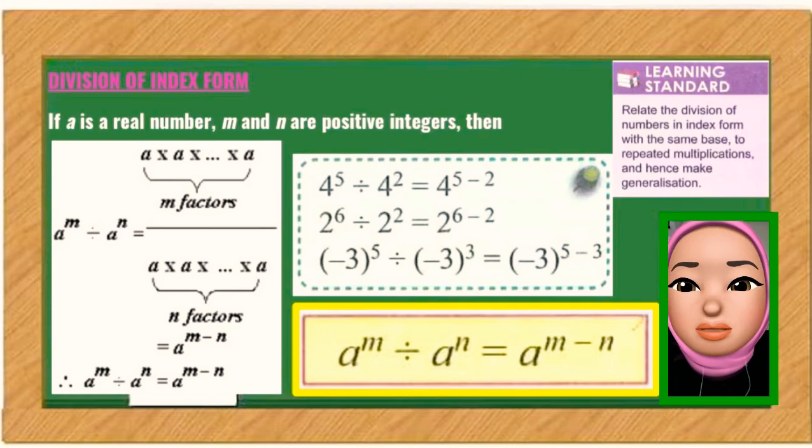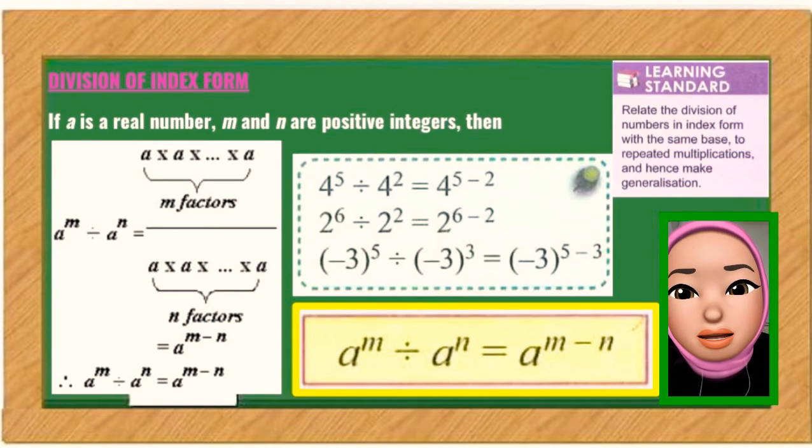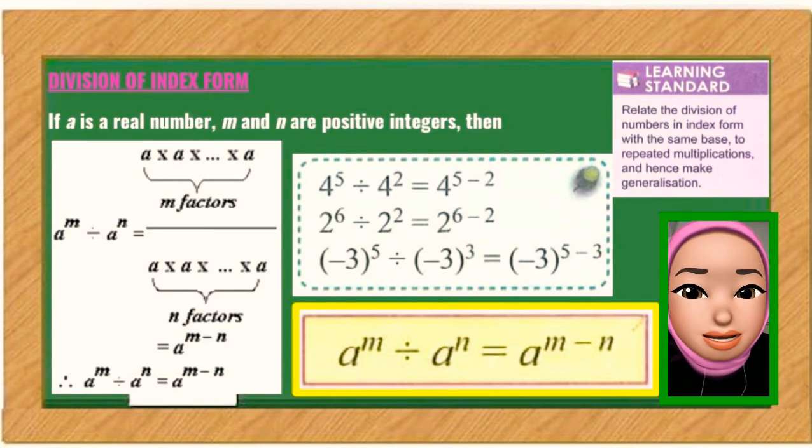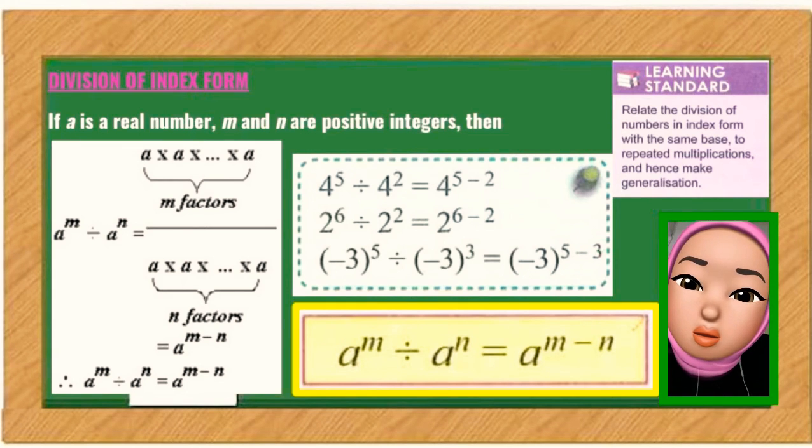Right, from Brainstorming 2, it is found that 4 to the power of 5 divide 4 to the power of 2 equals 4 to the power of 5 minus 2, and 2 to the power of 6 divide 2 to the power of 2 equals 2 to the power of 6 minus 2.